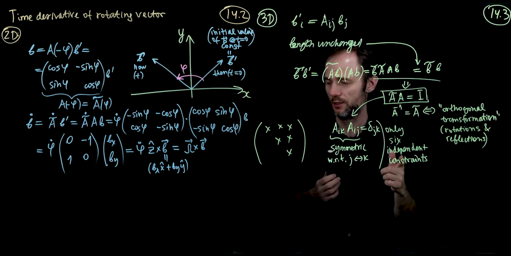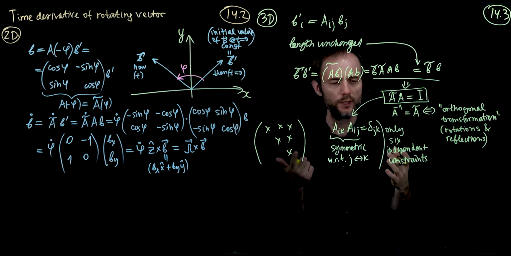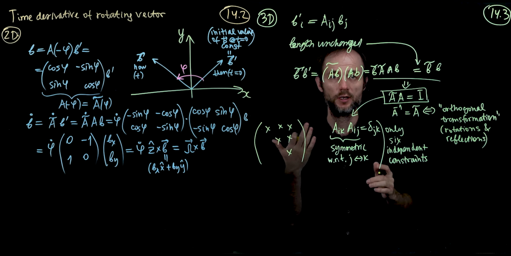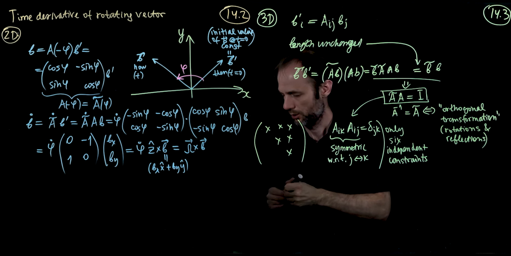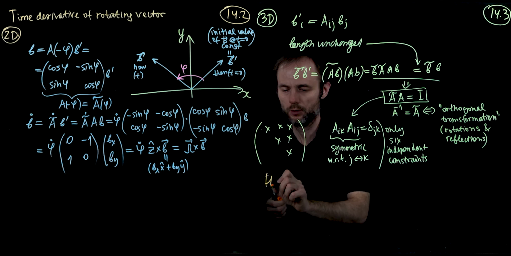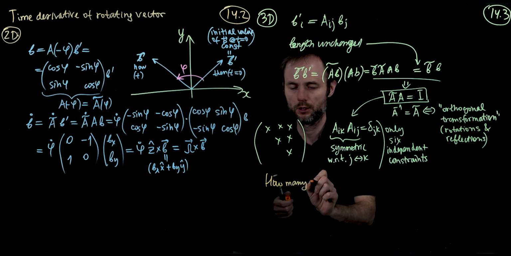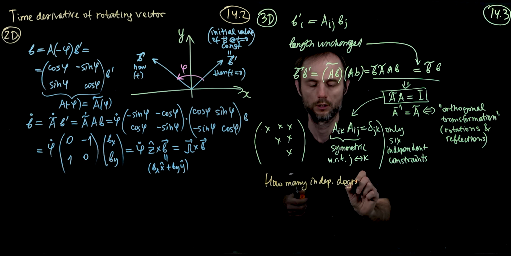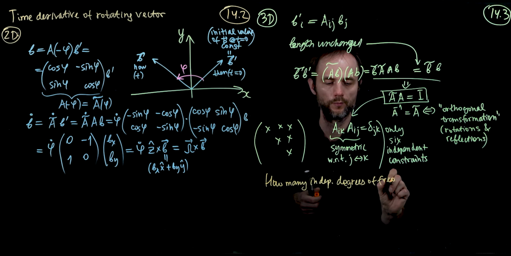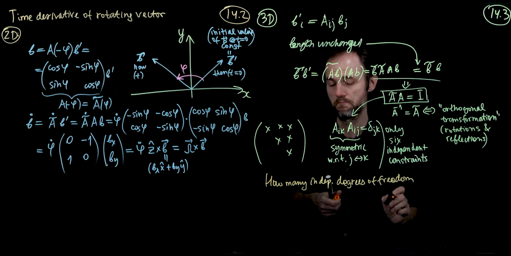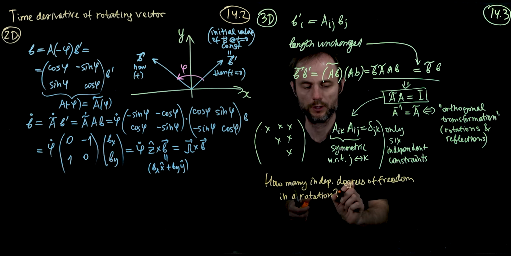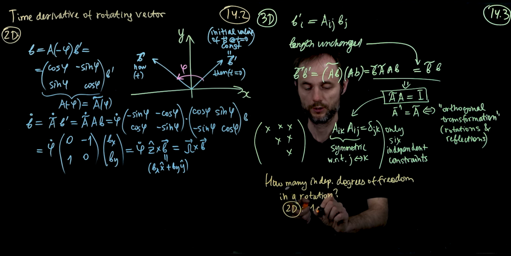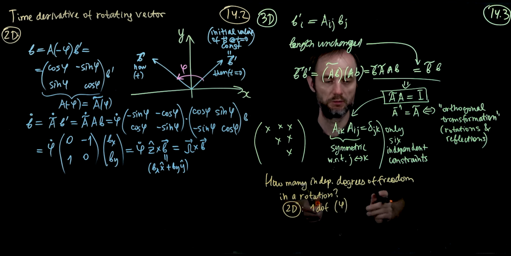And so this independent constraints means that we can now figure out how many degrees of freedom we have when specifying a rotation. So, question: how many independent degrees of freedom in a rotation? So let's look first at 2D case. Well, there we only have 1 degree of freedom, and that is phi, right?